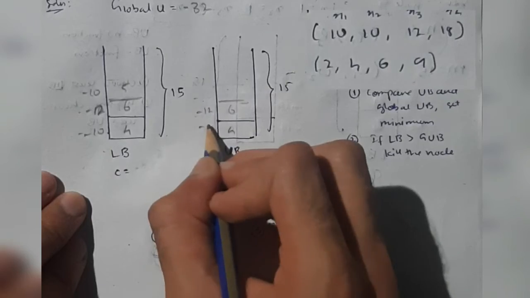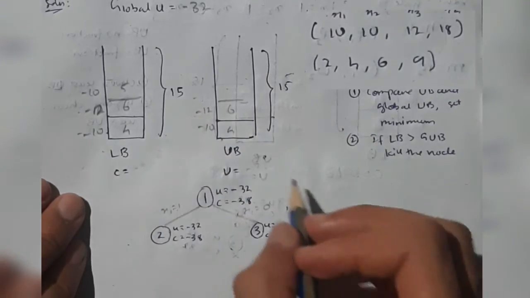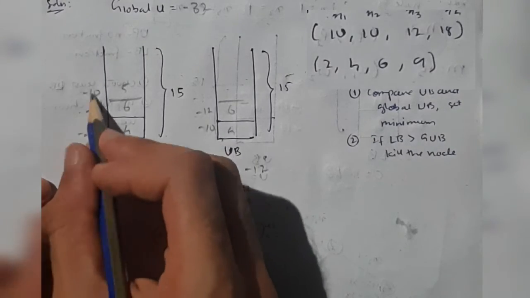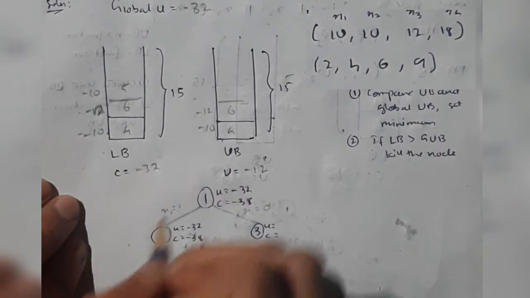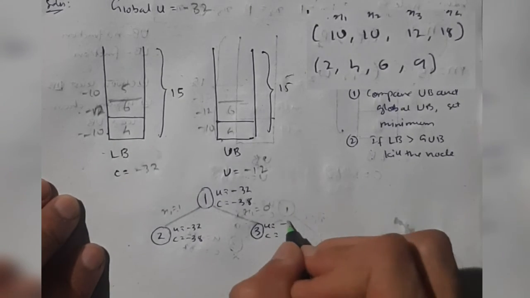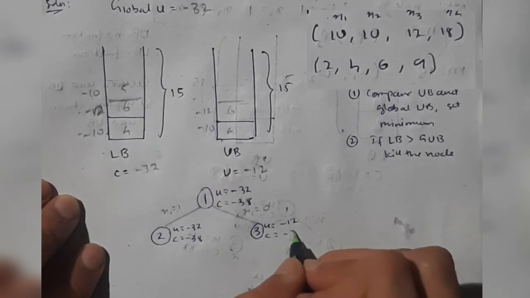Okay, so the total profit is minus 12 here, and here I'll get the total profit as minus 32. Okay, so we'll be writing those values here. U is minus 12 and C is minus 32.